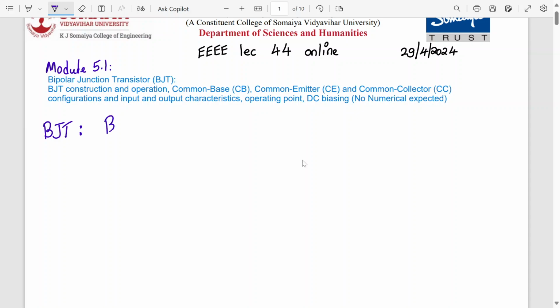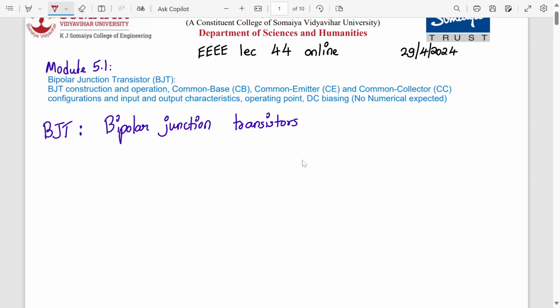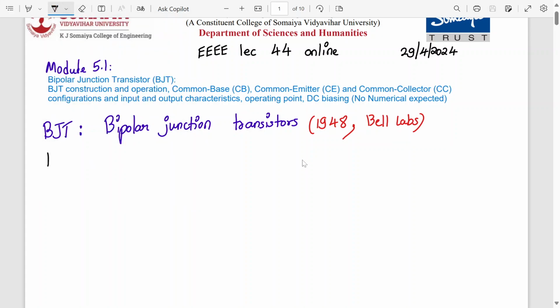BJT stands for bipolar junction transistor. It was invented several decades back in the year 1948, so long back in Bell Labs. Alright, the types of BJT which are there are as follows.